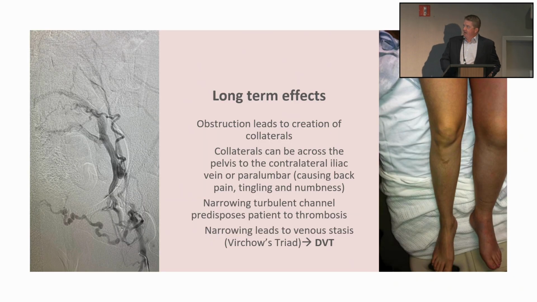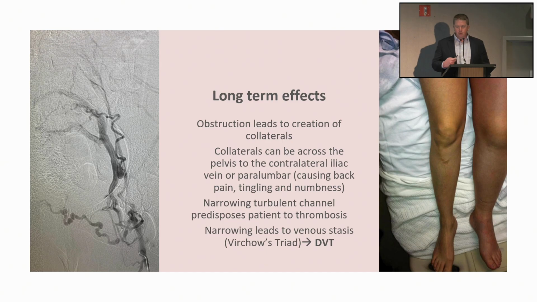So the long-term effects of iliac venous obstruction can lead to the creation of collaterals. You know, Chris's squiggly lines that he drew on his IVUS images or on his fluoroscopy images earlier are better characterized by this actual fluoroscopic image, in which you've got a left common iliac vein coming up and there's an obstruction up top, and you get cross-filling of the right side through collaterals.